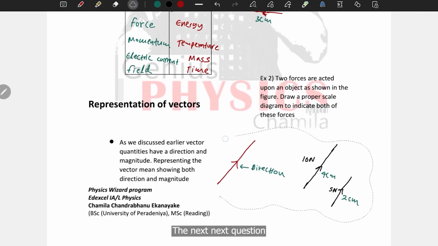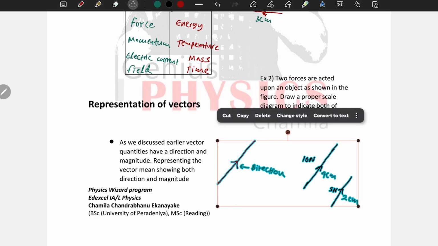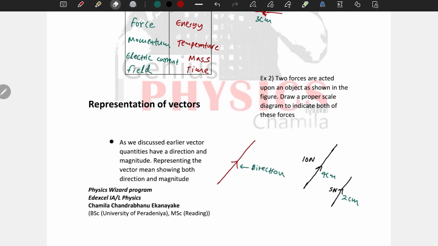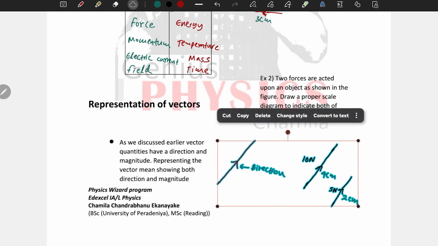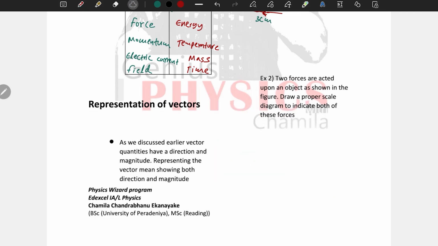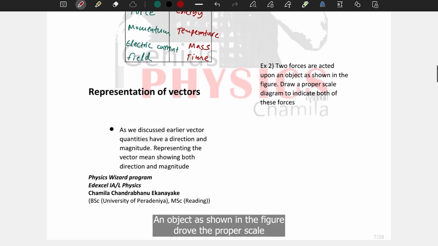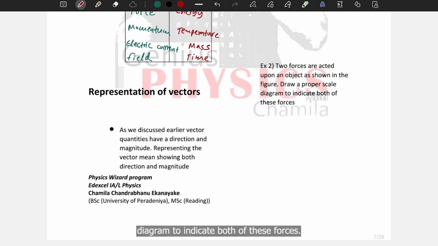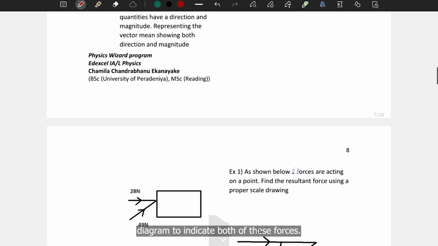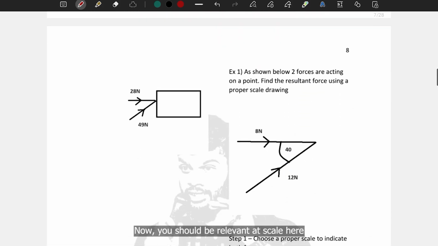The next question. Example number 2 is, two forces act upon an object as shown in the figure. Draw a proper scale diagram to indicate both of these forces. Now you should pick a relevant scale here.